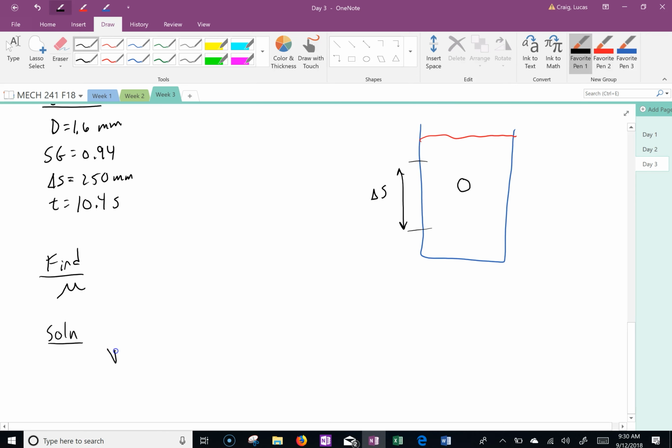All right, so here you can just type or write viscosity equation. And we'll put falling ball viscometer. And I don't know that one off my head.